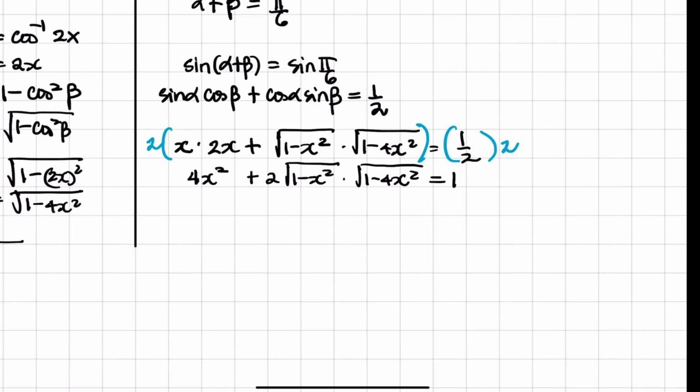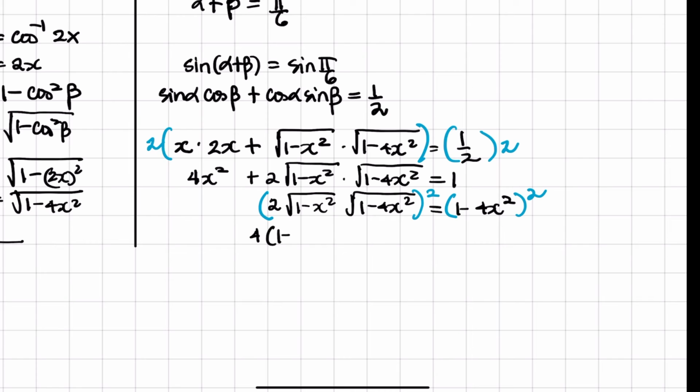Lipat natin lahat ng may radical or iwanan natin sa left side lahat ng may radical. Lahat ng walang radical sa kabilang side. Kasi magsi-square tayo para mawala yung radical. So, square both sides. So, meron tayong 4 times 1 minus x square, 1 minus 4x square equal to square ng binomial: 1 minus 8x square plus 16x raised to 4.